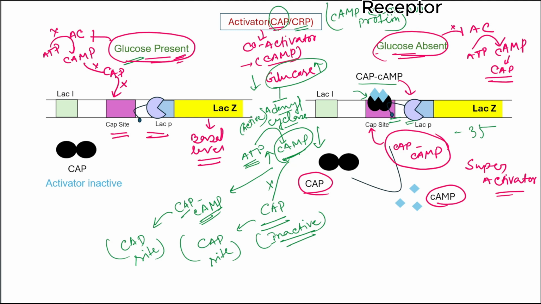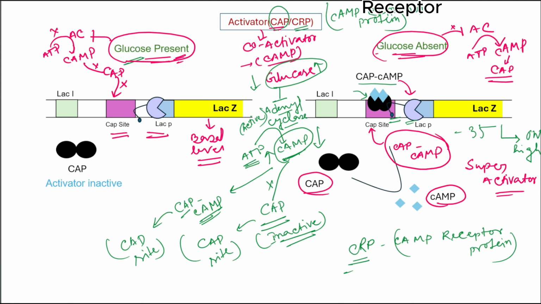But with CAP binding, RNA polymerase binds in the promoter site strongly and switches the lac operon on, and the transcription level is high. So that's why CAP is also known as CRP, cAMP receptor protein. So the cAMP molecule is an allosteric effector for CAP; when CAP is complexed with cAMP, that's why it is called CRP.